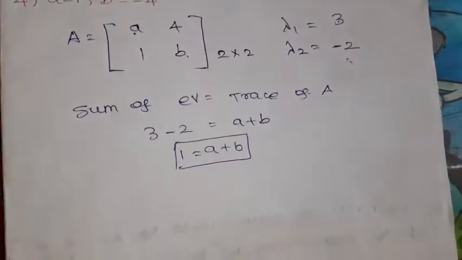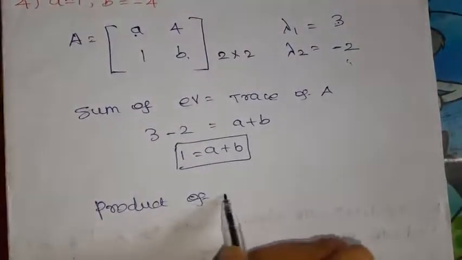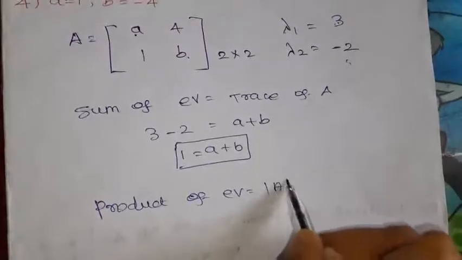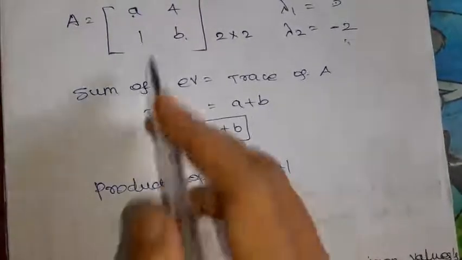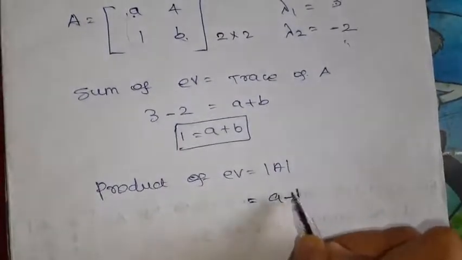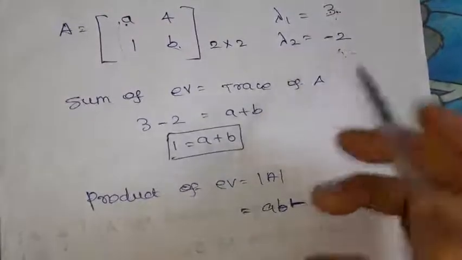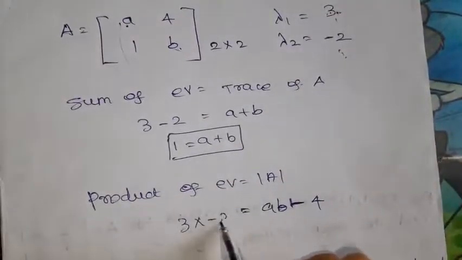One more property: the product of eigenvalues equals the determinant of A. The determinant value is AB minus 4, which equals the product of eigenvalues, 3 into minus 2.